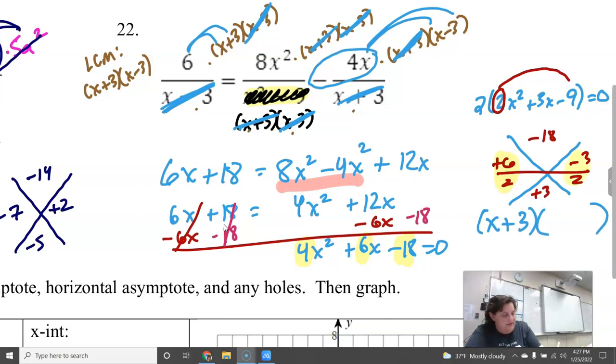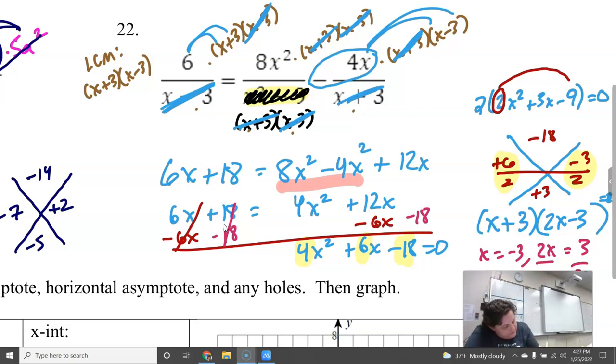And then right here, that does not reduce down, so that becomes 2x minus 3. And if I solve those, okay, right here, I end up getting negative 3. Right here, I get, okay, 2x equals 3 if I add it over and divide by 2. So x equals 3 over 2.